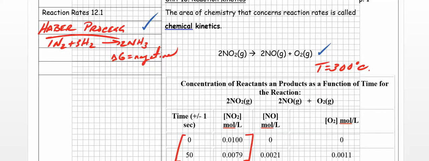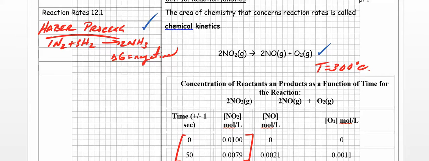And we want to use this reaction as a model for how reaction kinetics, or how fast a reaction goes. So we can talk about, for example, on the left side, the degradation of NO2 and its conversion into other things, or we can talk about the creation of nitric oxide and the creation of oxygen gas.